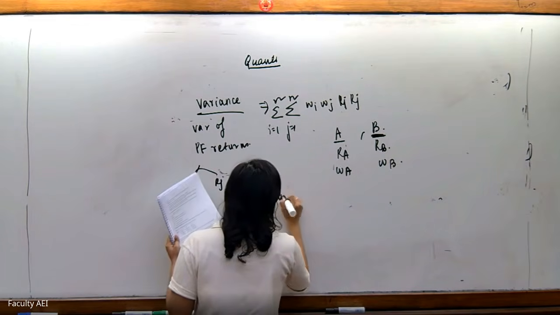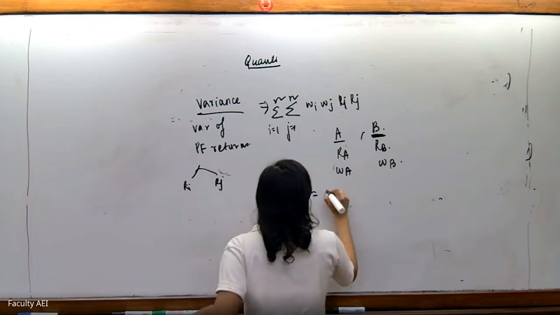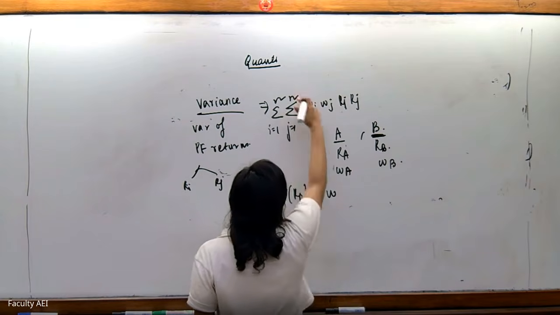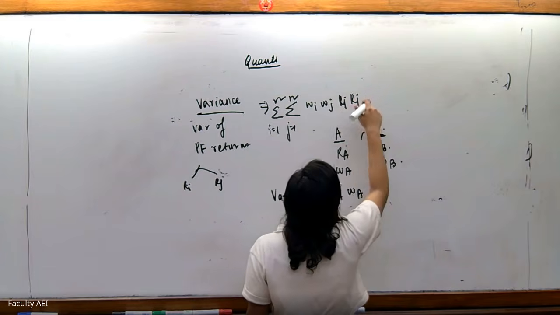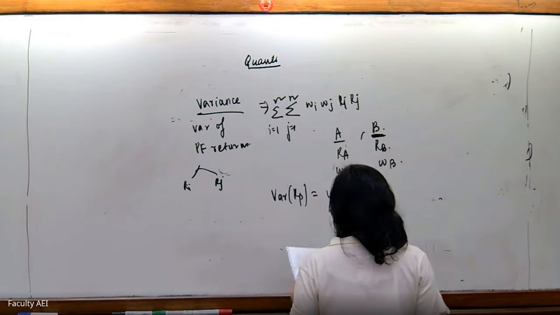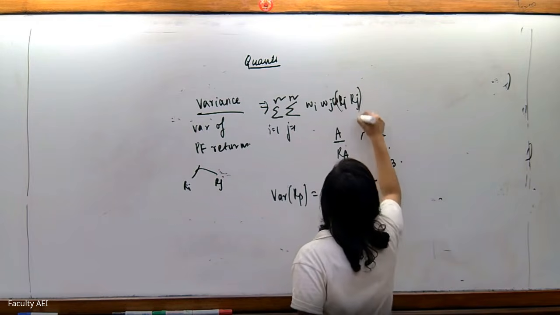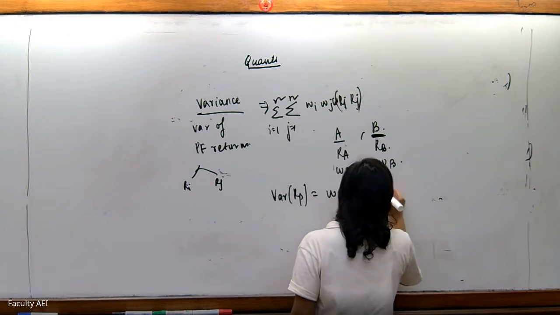So your variance of the total portfolio will be what? I is A, J is A: weight of A into weight of A, covariance of Ri into Rj. So covariance of RA with itself is what? Variance of A.